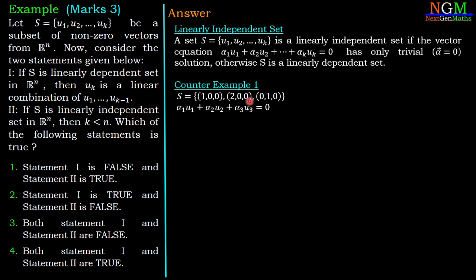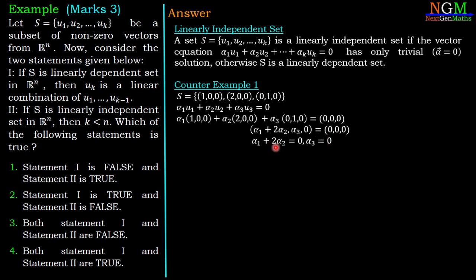Here u1, u2, u3 are (1,0,0), (2,0,0) and (0,1,0). Now substitute the values. Then we have alpha 1 plus 2 alpha 2 equal to 0 and alpha 3 equal to 0. That means alpha 1 equal to minus 2 alpha 2 and alpha 3 equal to 0. Here alpha 3 equal to 0, but we have infinitely many values of alpha 1 and alpha 2.